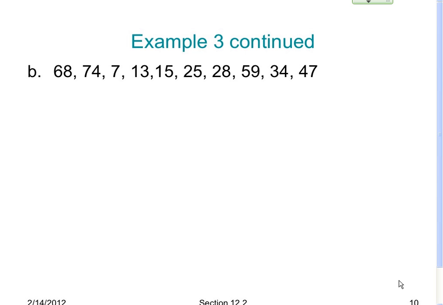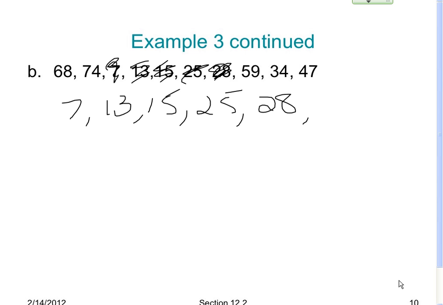All right, a few more numbers. Again, we have to put them in order from smallest to largest. So 7, we've got a 13, 15, 25, 28, 34, 47, 59, 68, and 74.